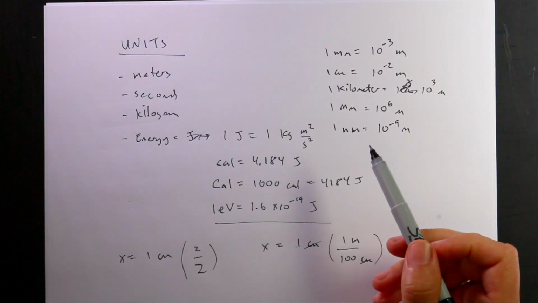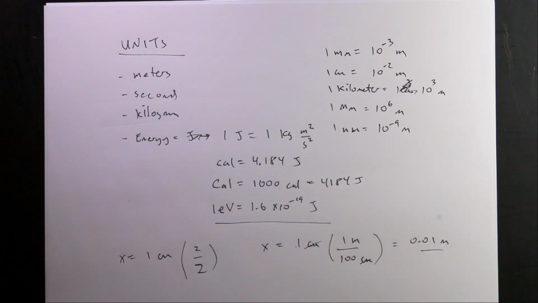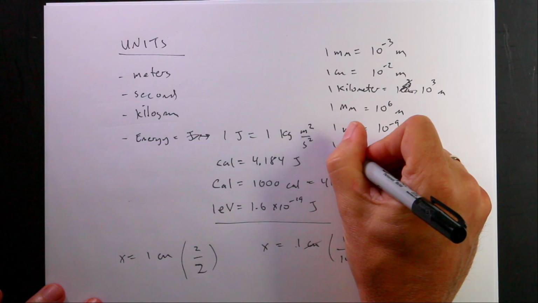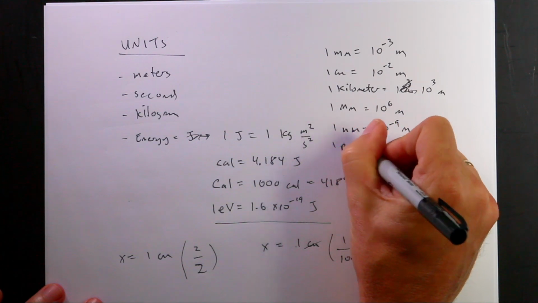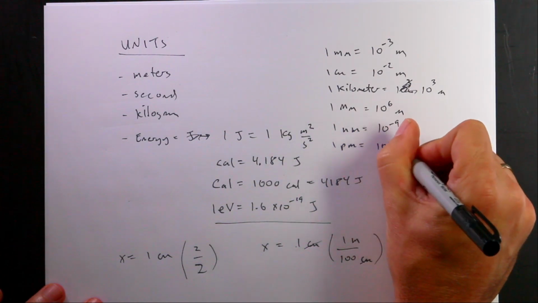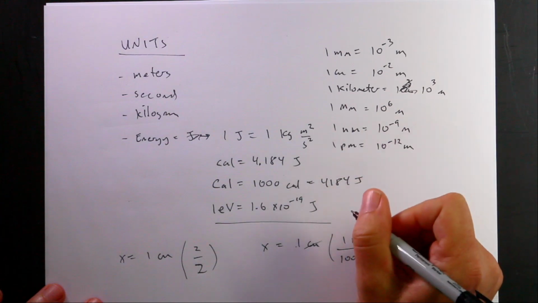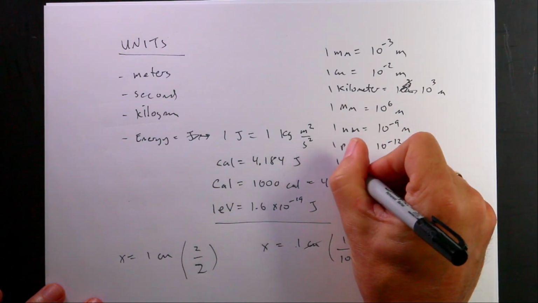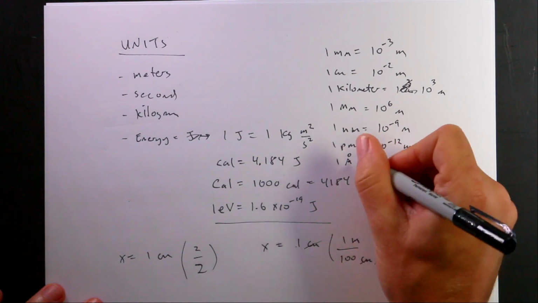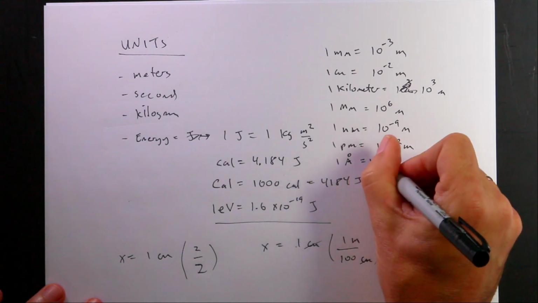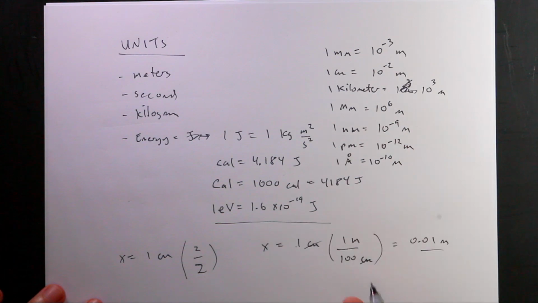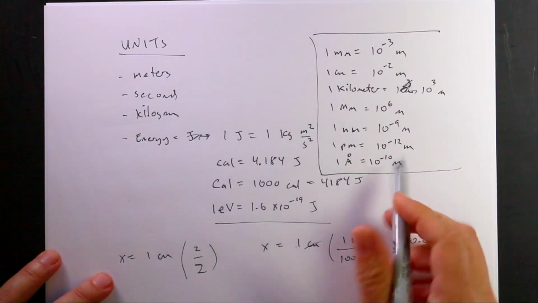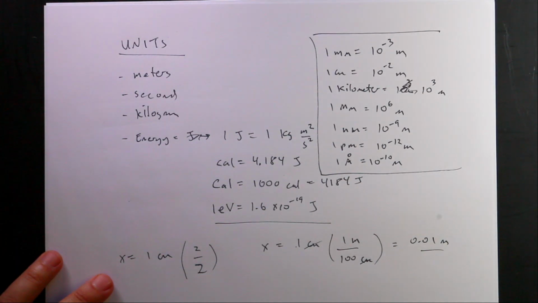Sometimes they will give you these conversions, but sometimes they'll expect you to know them. 1 picometer, pm, is 10 to the negative 12 meters. Then there's an angstrom. 1 angstrom is equal to 10 to the negative 10 meters. That comes up in chemistry a lot too. So these are some of the conversions that you should probably remember, and you can use them to convert things.